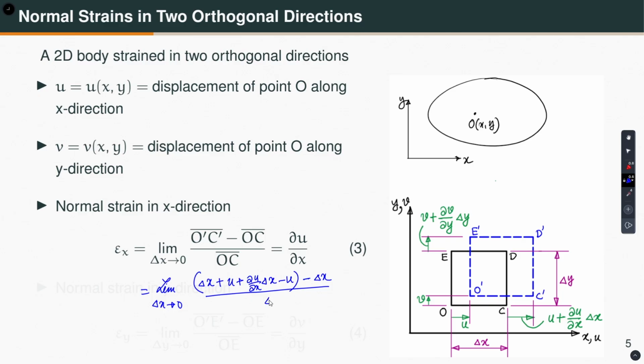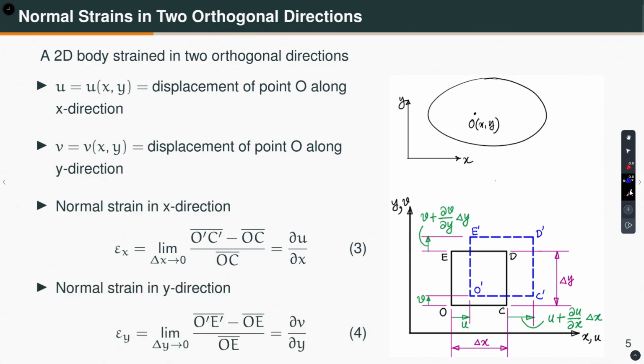Now this and this will cancel, this and this will cancel. So, after I take the limit, this basically becomes del u del x. Similarly, in the y direction, epsilon y, the normal strain in the y direction, is del v del y.